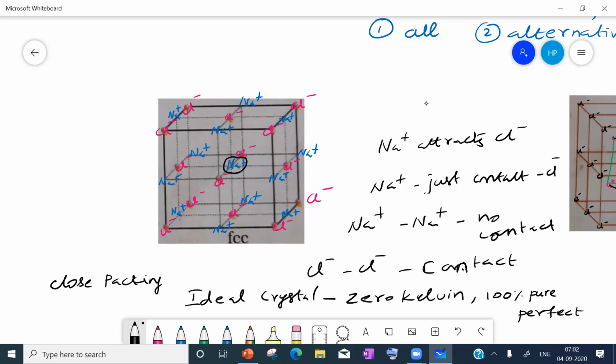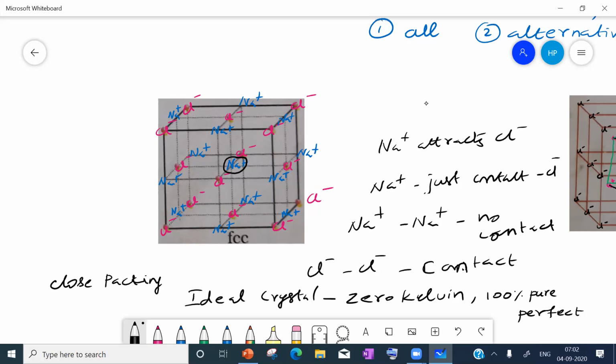So how the Cl minus ions, how the anions should be there, such that some other species coming and occupying in this crystal, that possibility can be reduced. If there is a gap between Cl minus ions, then automatically some other species may come and occupy that place.